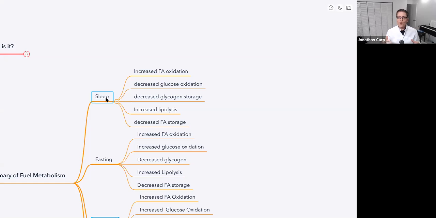And this is one of these things that when you start to see what's supposed to happen during sleep and what's supposed to happen during eating, and you mix the two, you start to get a very concrete understanding of the rhythms of your body. That's what makes this section of the lecture so important.